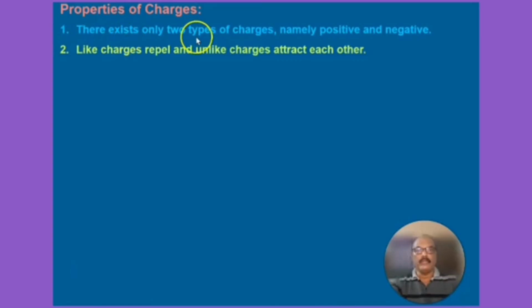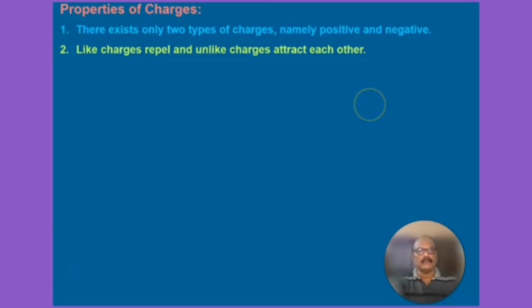Now, properties of the charges. There exist only two charges. You know that atoms are made up of two charges: nucleus with positive charge, and on the nucleus electrons are revolving, that is negative charge. And there are some neutral particles, called neutrons, embedded in the nucleus.